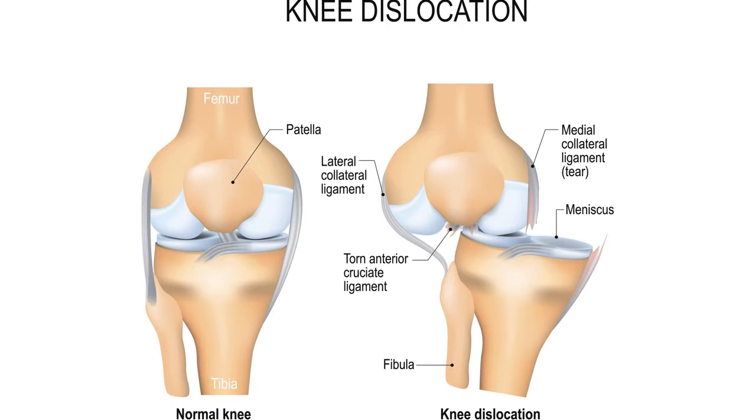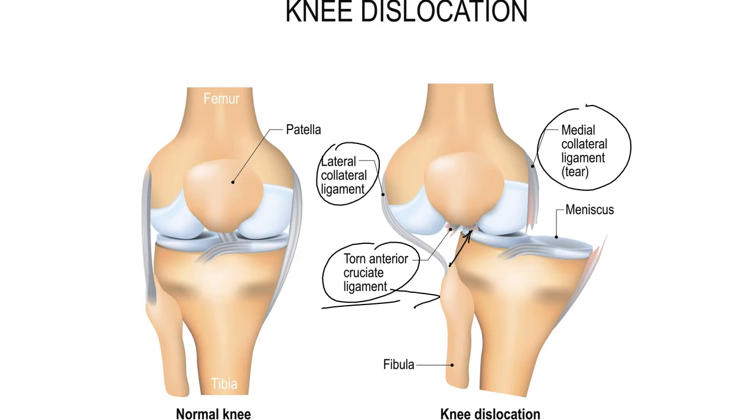It might be a football injury, so somebody hit here and knocked the tibia and fibula medially, tearing all these ligaments. So you tore the anterior cruciate ligament, and it also looks like the PCL as well. It leaves the lateral collateral ligament intact, but it tore the MCL and may have torn the meniscus too. If this happens, a lot of times the meniscus will be torn as well.